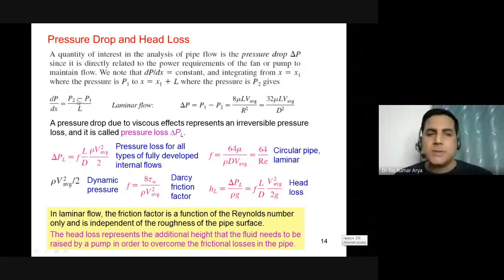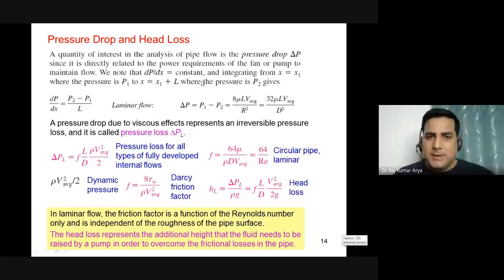So practically you are calculating P2 minus P1 divided by the distance between the 2 points, L, and that's called the difference in pressure. This is called del. If you want to get delta P, you take the initial pressure minus the last pressure. So this is upstream pressure, this is downstream pressure. So P1 minus P2 is treated as the delta P, not del P. Del P is P2 minus P1 by L. Okay.